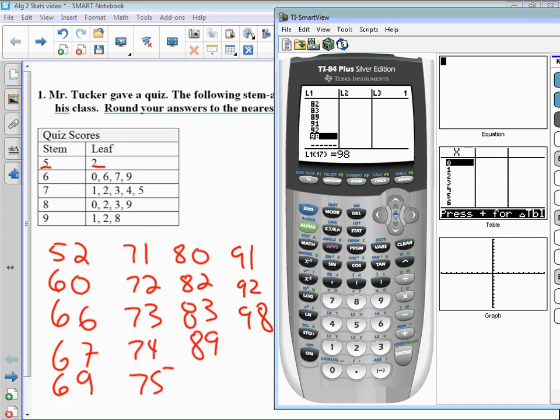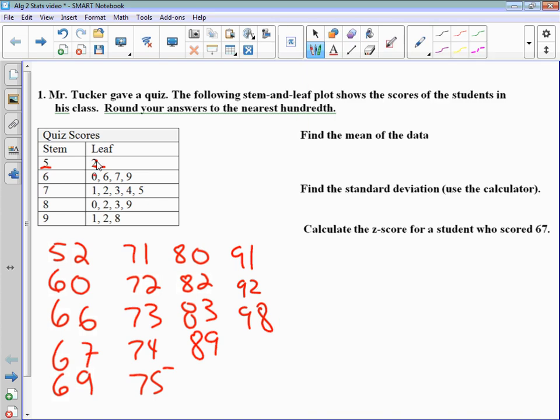If you see right here, it's saying that there are 17 data points. So let's double check. 1, 2, 3, 4, 5, 6, 7, 8, 9, 10, 11, 12, 13, 14, 15, 16, 17. Yes, so we did manage to enter all the data in.